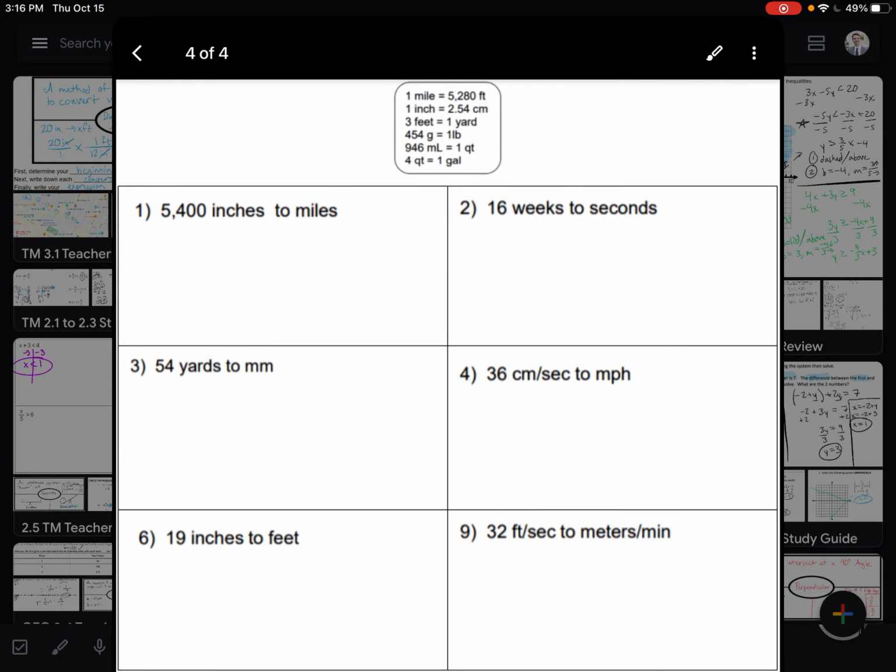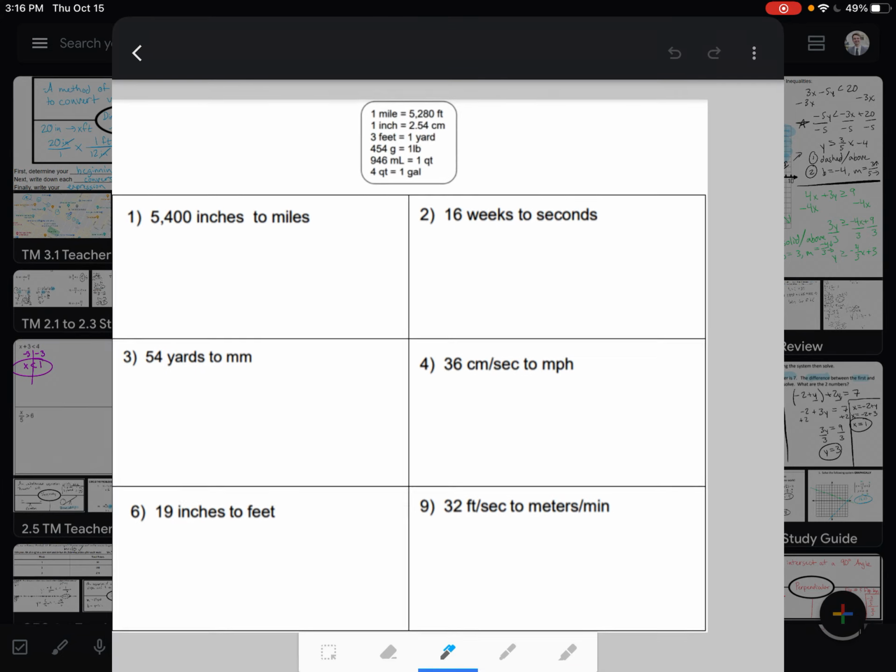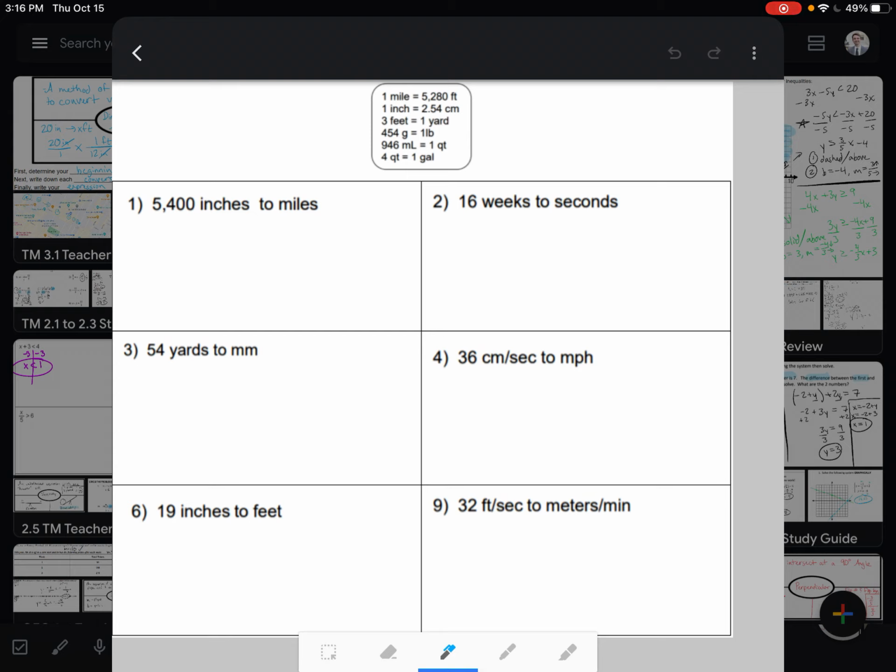So a few examples here. Inches to miles. This one might take a little bit longer because we have a couple things that we need to do. A list of common conversions we might use are up top here. So 5,400 inches is where we start. We know that inches are on top, so we also need to make sure we have inches on the bottom. But what's something that we can convert inches to that might help us with miles?